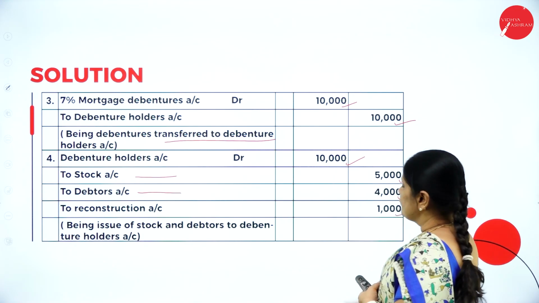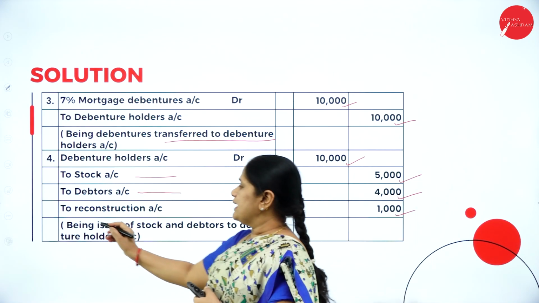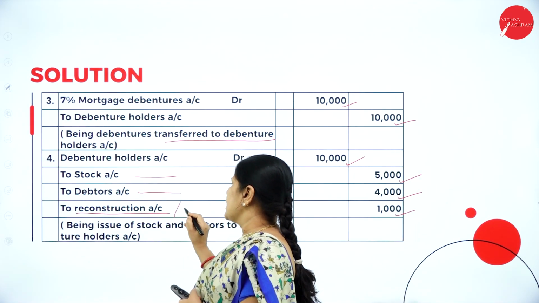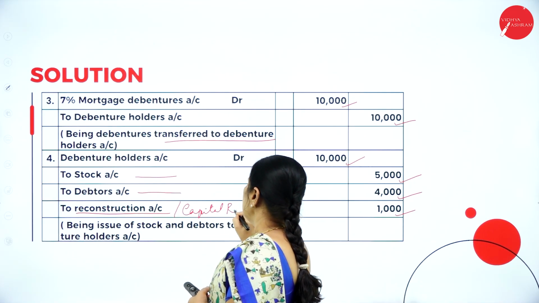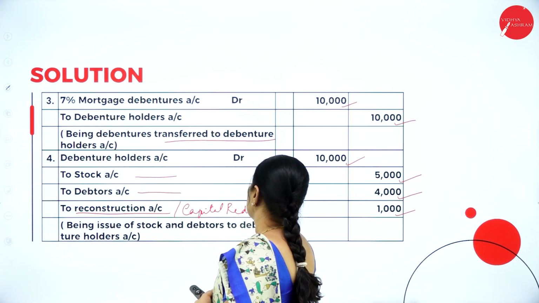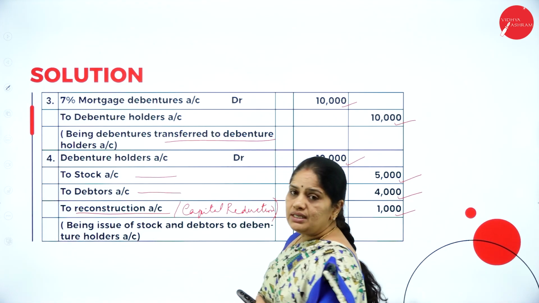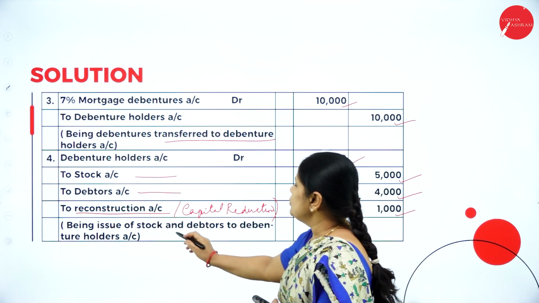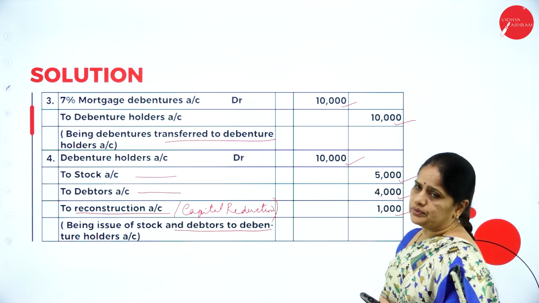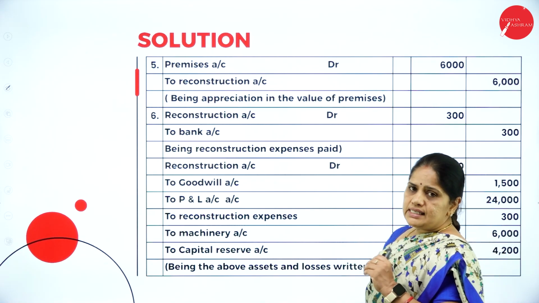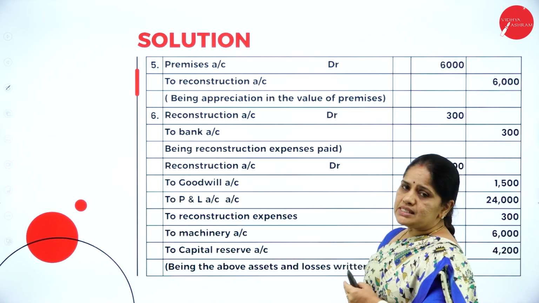The difference of 1,000, I am crediting to the reconstruction account, or I can also call it the capital reduction account, being issue of stock and debtors to debenture holders account. Next, there is appreciation in the premises value.